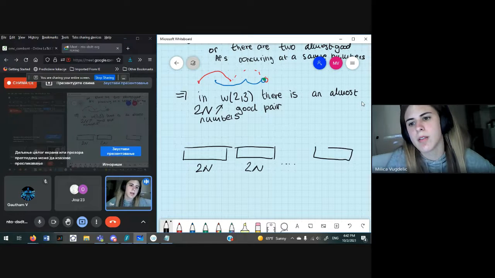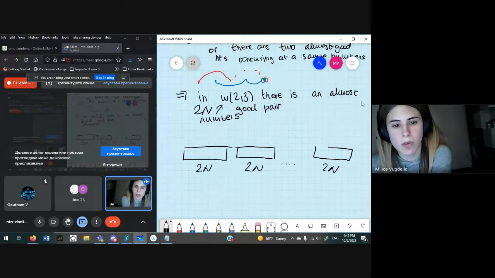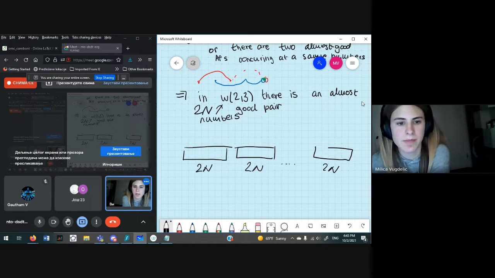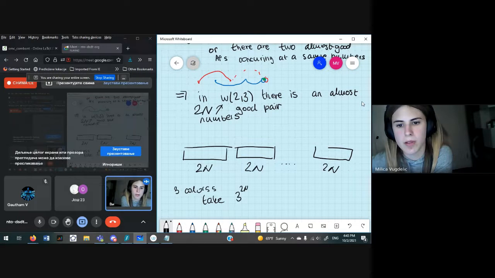And referring to the question in the chat, how many blocks do we need to have an identical block happening? We have three colors, I remind you. So take 3 to the 2N plus 1 blocks. Why?